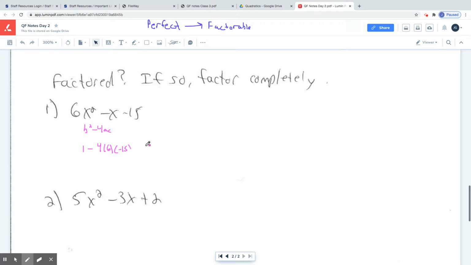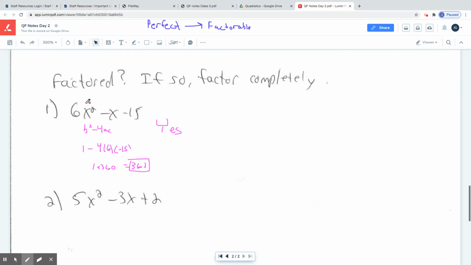But a negative times a negative is a positive. So I get 1 plus 360, which is 361. Now, I hope you guys know this, but 361 is a perfect square. All right, 361 is 19 squared, which means, can this be factored? Yes, it can. And if so, factor completely.